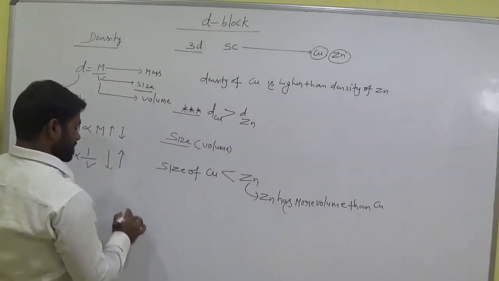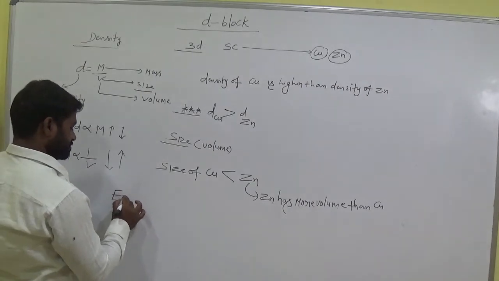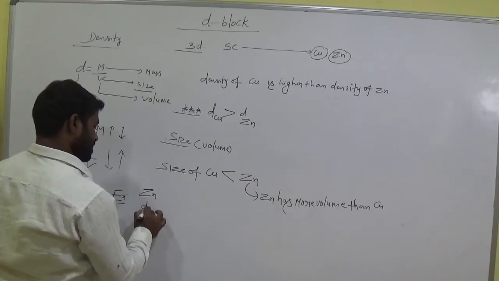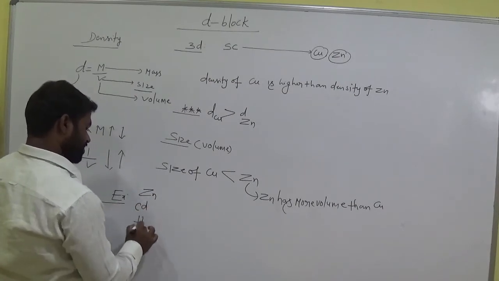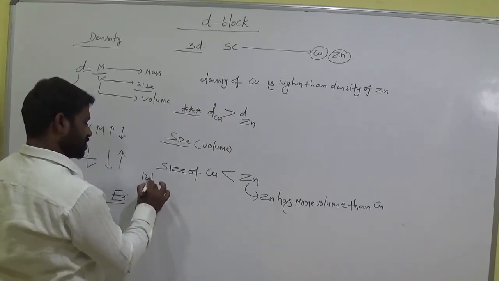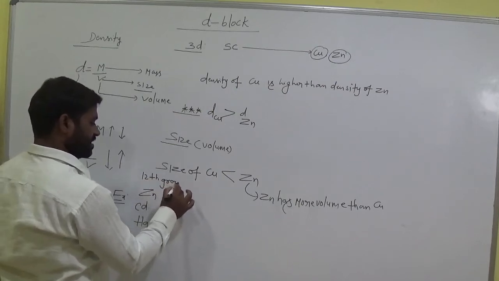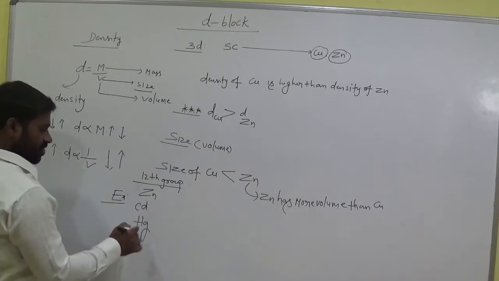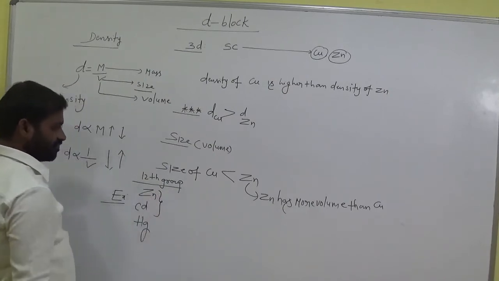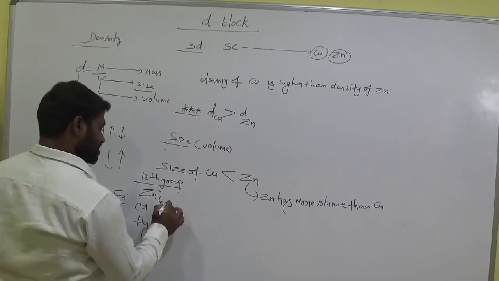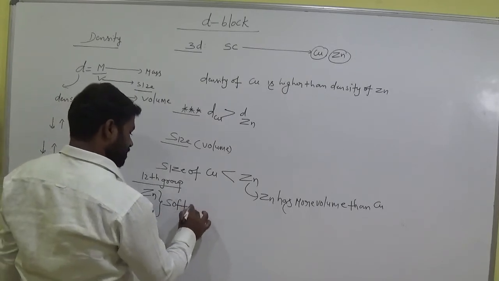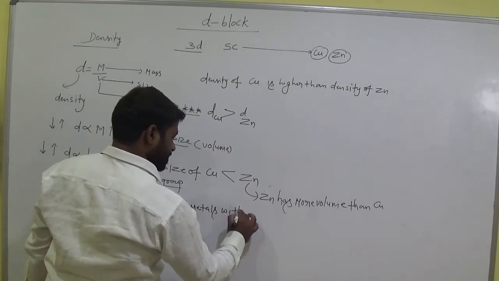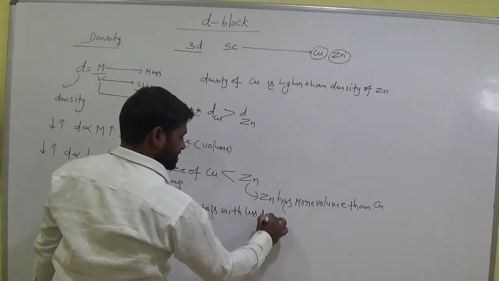Okay. So let's see. Zinc, cadmium and mercury belong to the 12th group in the periodic table, am I right? These are very soft metals with less density.